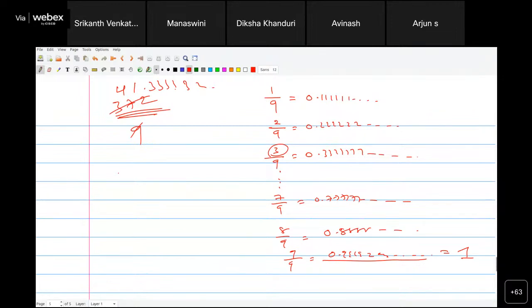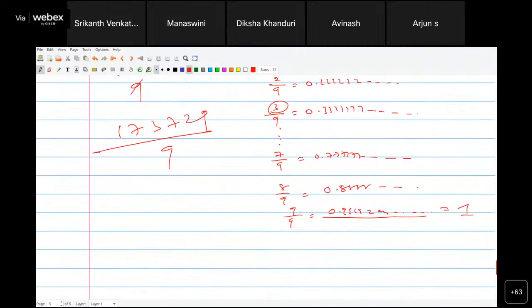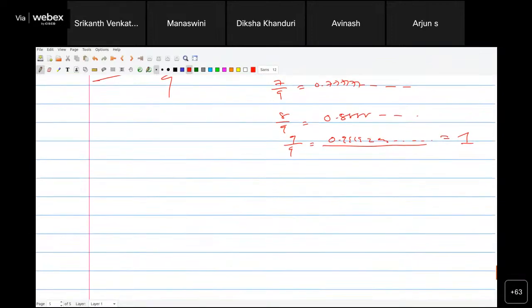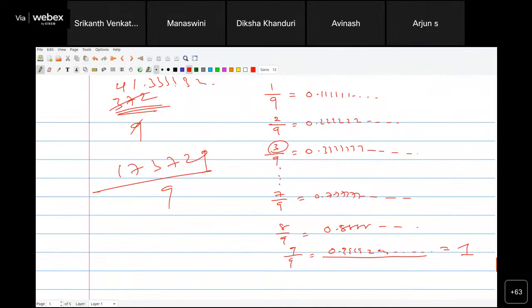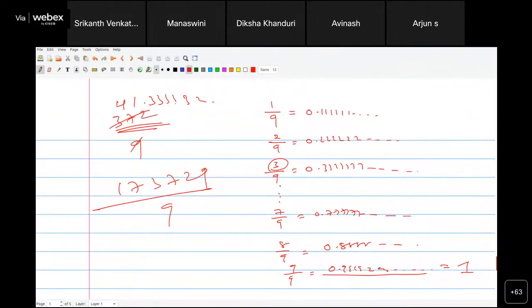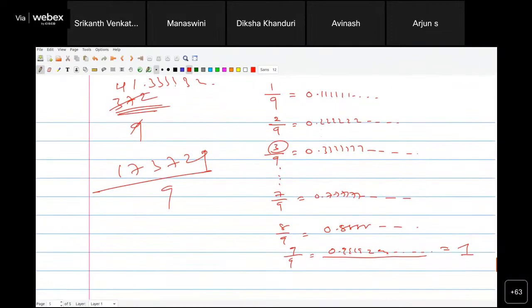Like this you can do it for any big number, like 1734721 divided by 9. Even this you can do within seconds. These are a few things; if you are interested you can learn them. If you learn, it will be helpful in at least one of the places.